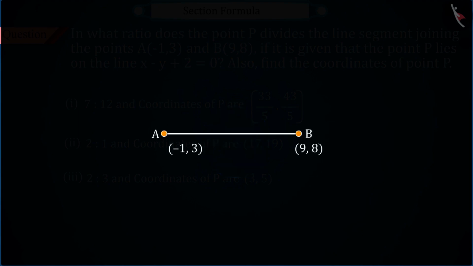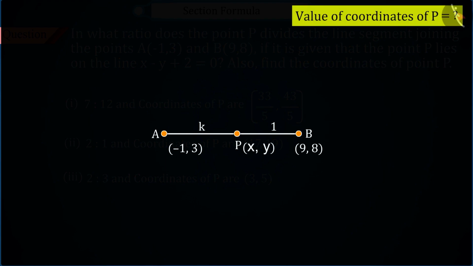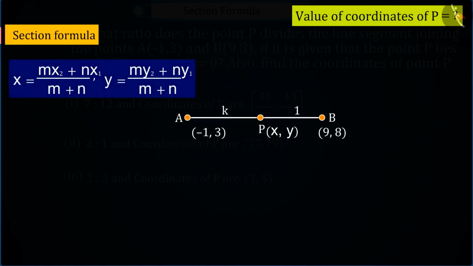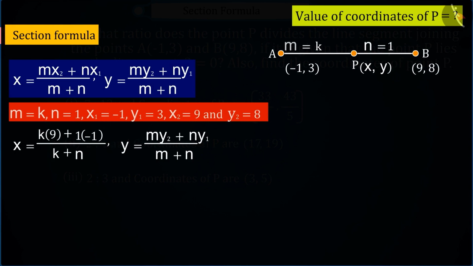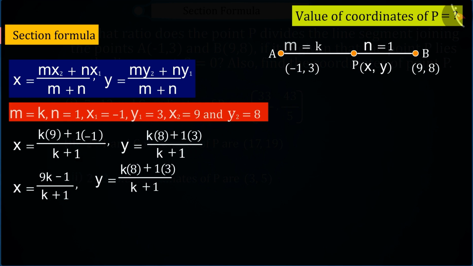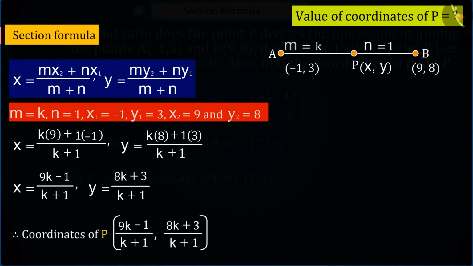Let's assume that point P divides the segment AB in k:1. So can you find the values of coordinates x, y of P? Absolutely correct. Using section formula, the coordinates of P will be (9k minus 1) upon (k plus 1) and (8k plus 3) upon (k plus 1).